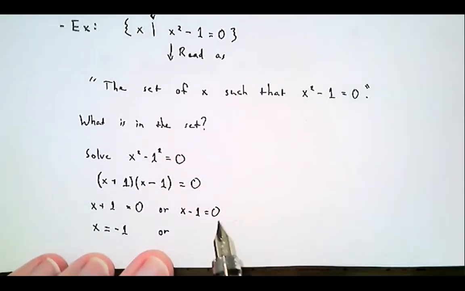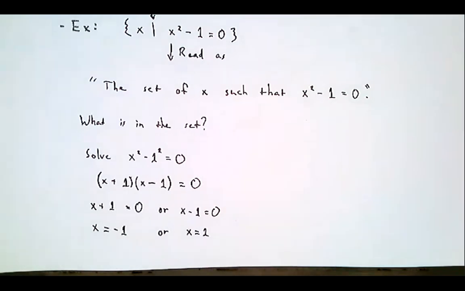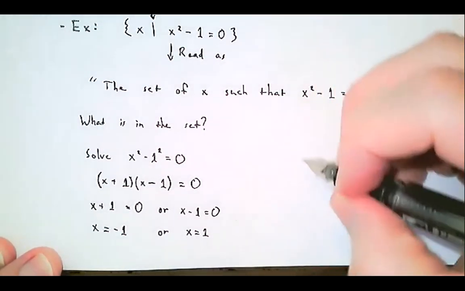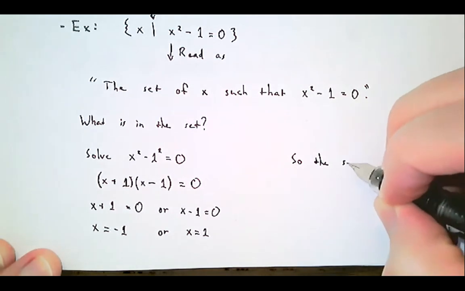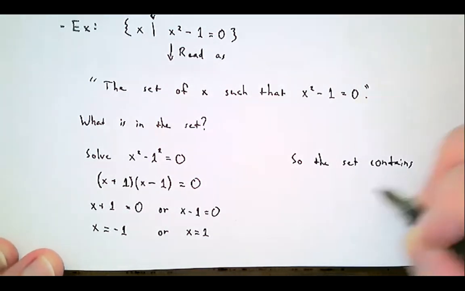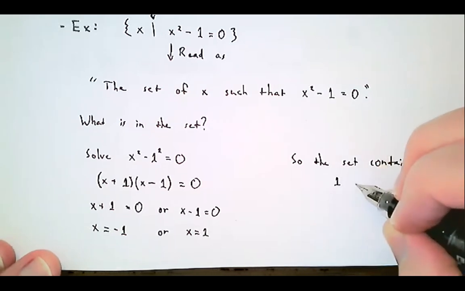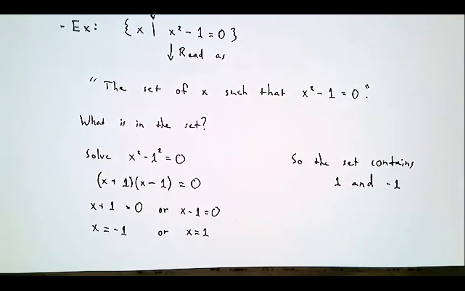Or from the second equation, we can tell that x has to be positive 1. So those are the two elements in this particular set. Any questions so far?